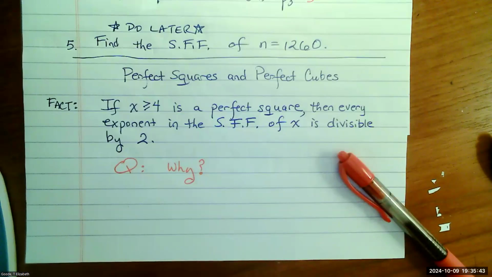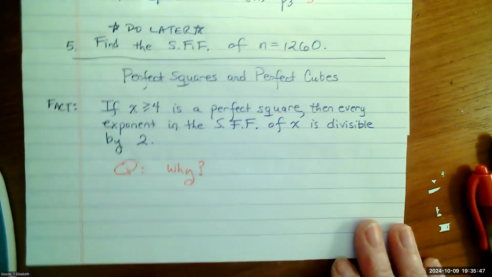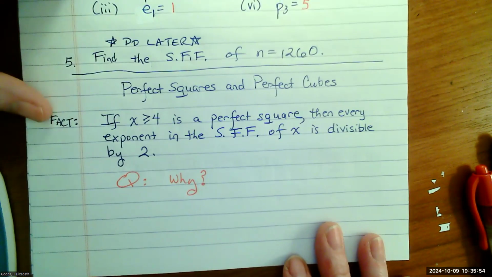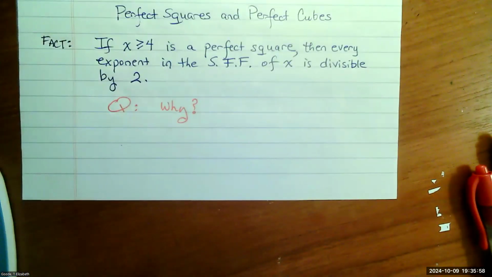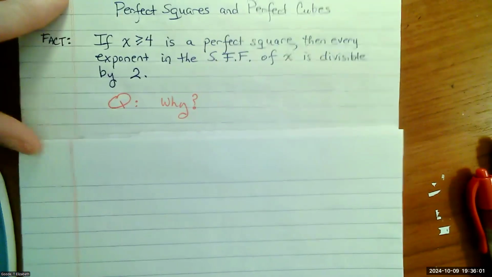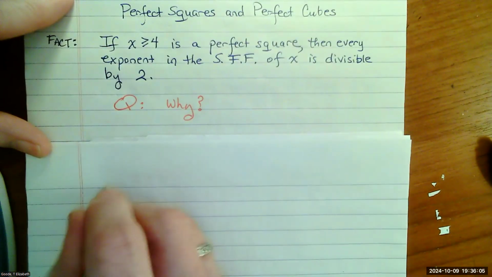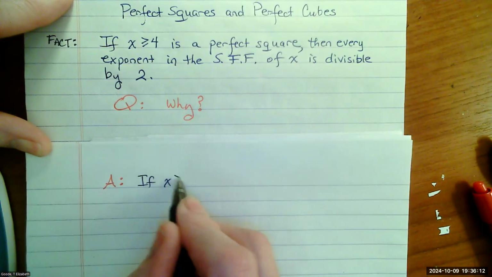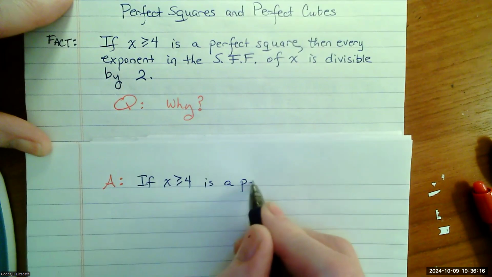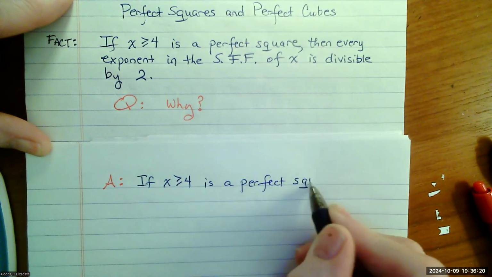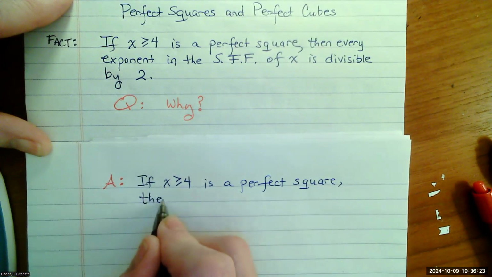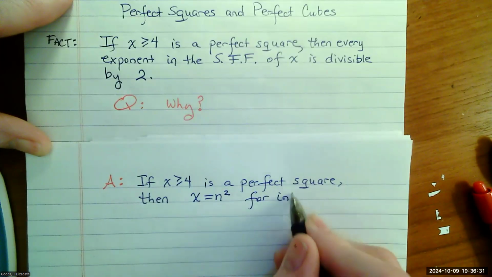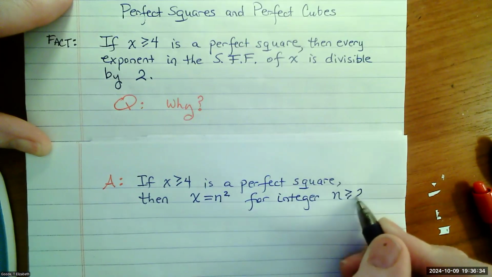All right, well, let's look at it. The answer is basically because if x greater than or equal to 4 is a perfect square, then by definition of perfect square, x is equal to n squared for an integer n greater than or equal to 2, right?